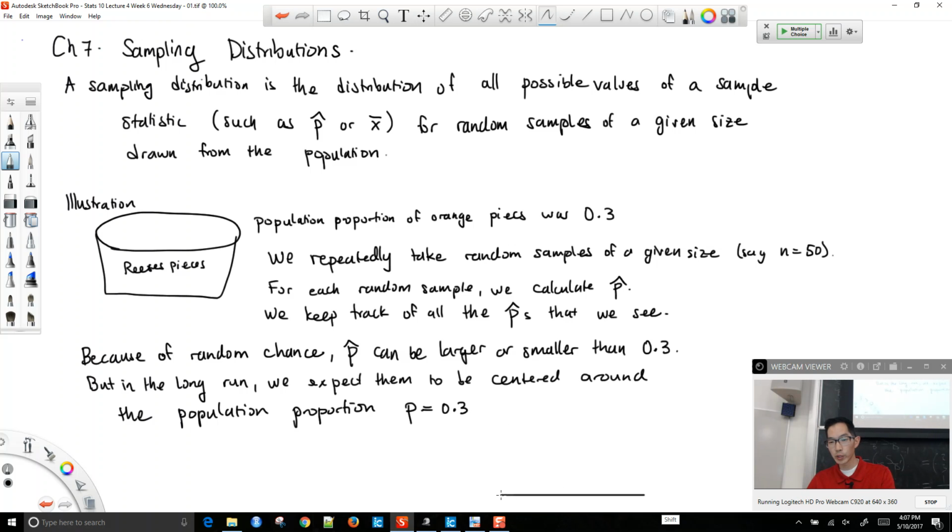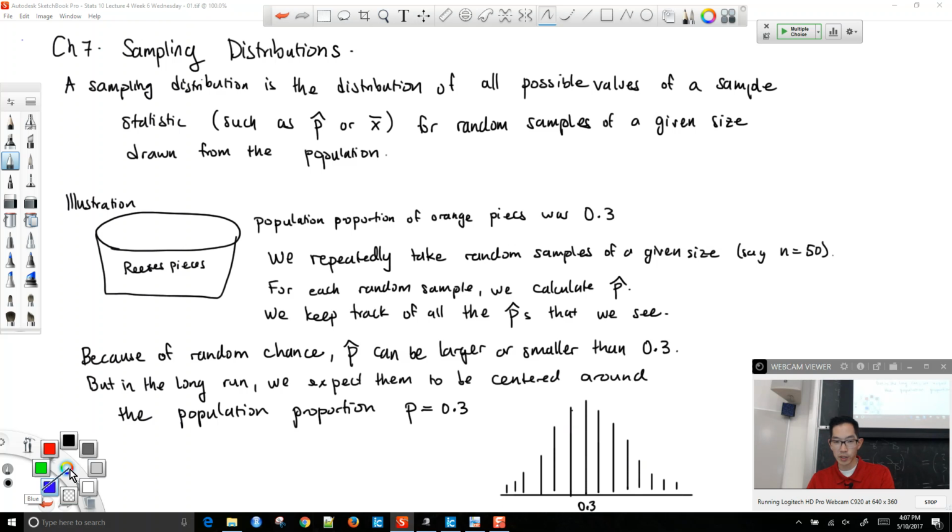When we created the sampling distribution, we had 0.3 somewhere around here, and then we had other values that were kind of like this. This was the sampling distribution that we got, but it sure looked like the normal distribution.